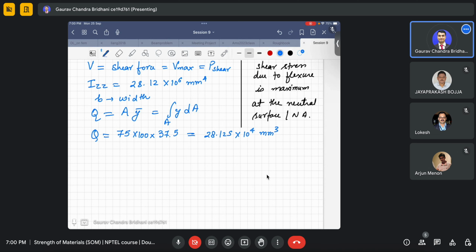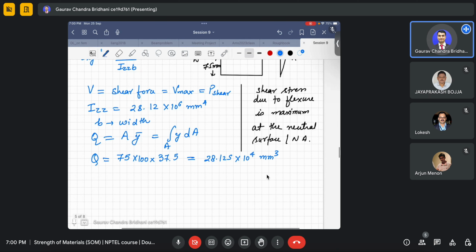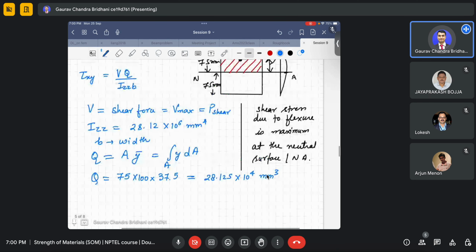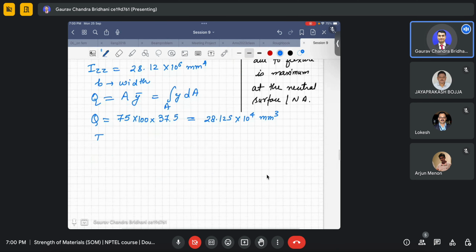So I found Q, and I_ZZ I already know, width I already know. Now I know everything. So basically my tau will become tau allowable, and it will be 1.2 MPa.